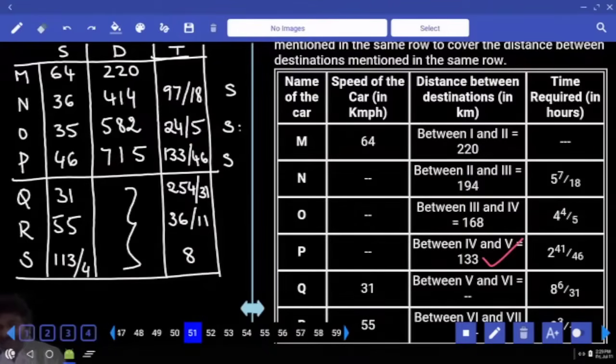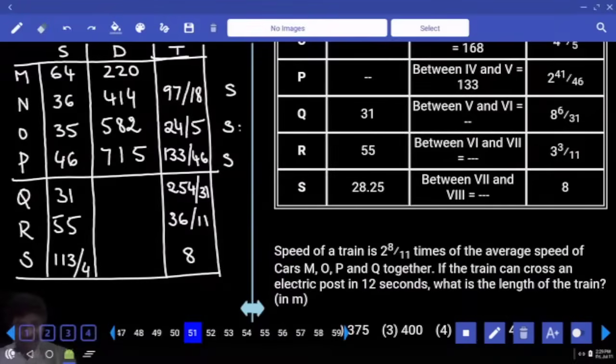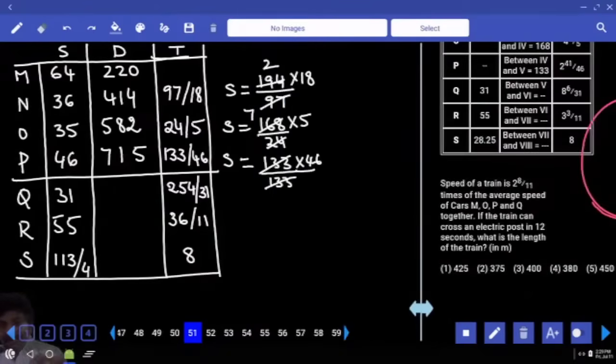Why are we leaving these three? A reason being, we don't know distances here directly. But now we have to calculate. Yes? Let us calculate distances. Distance here is equal to speed into time. 254 by 31 into 31, that gets cancelled and finally you'll have 254.